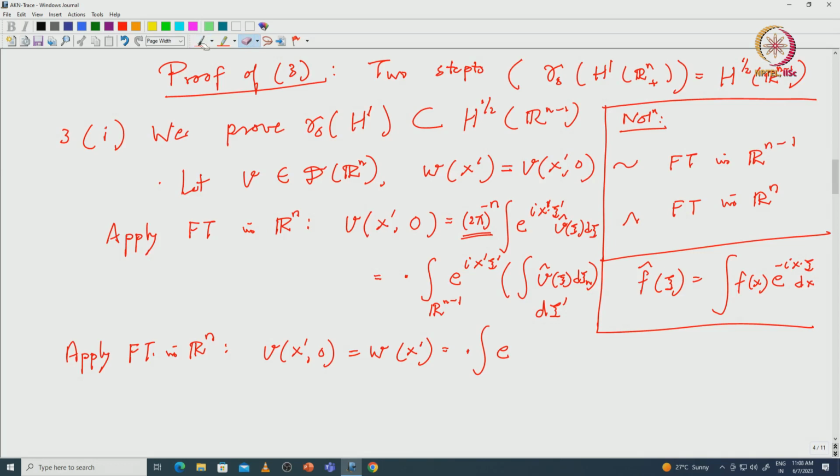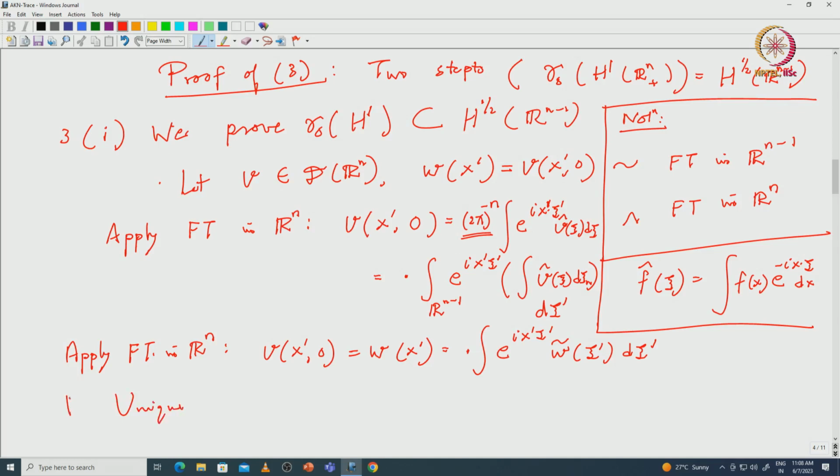So, I will have e power i x prime psi prime into W tilde, because you have to apply the Fourier transform to W. Here the Fourier transform is applied directly at the n minus 1 variable. Now, the Fourier transform has uniqueness, so you have represented two things in Fourier transform mode.